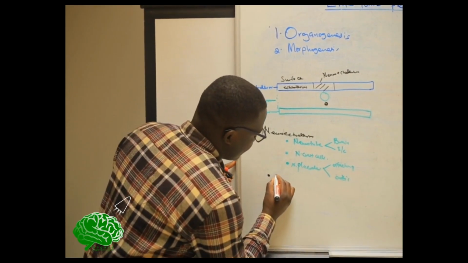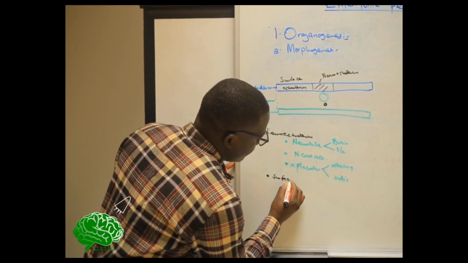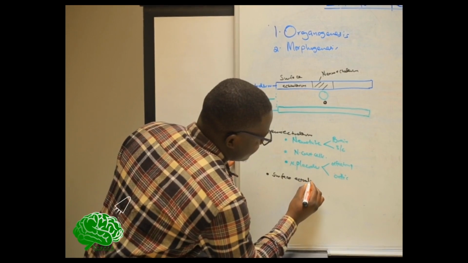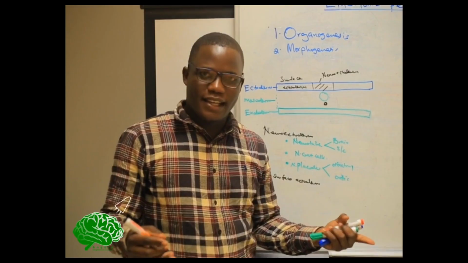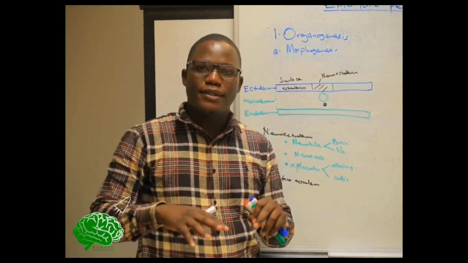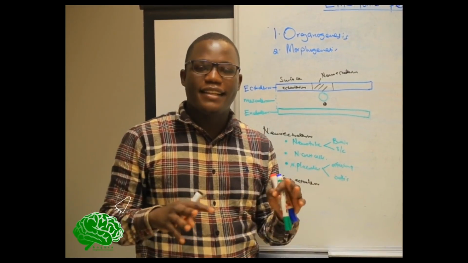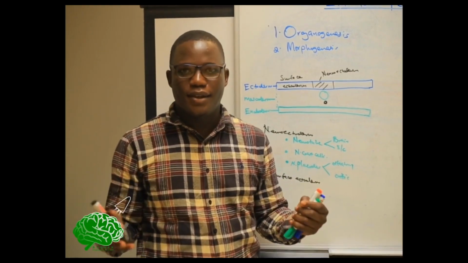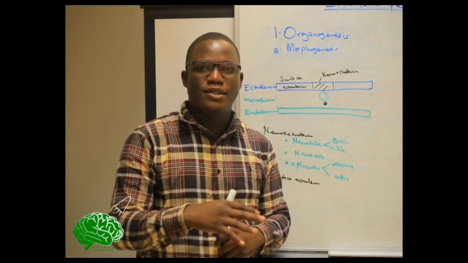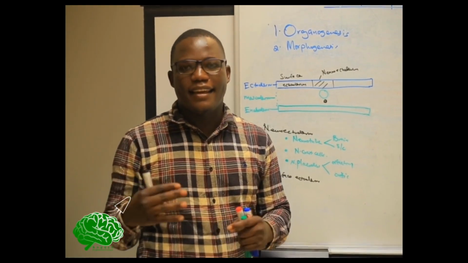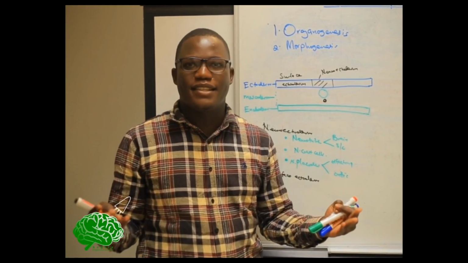This is the surface ectoderm. The surface ectoderm will differentiate and will give rise to all the body structures that are in direct interaction with the external world. This includes the epidermis of the skin and then the appendages of the skin.